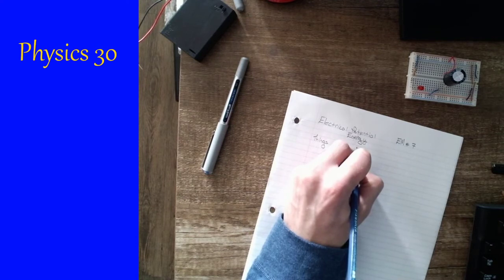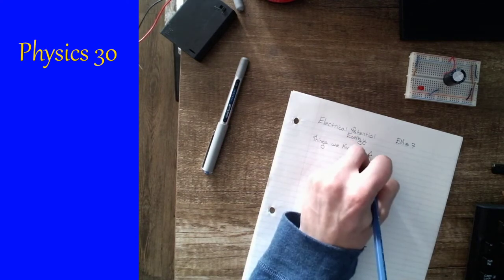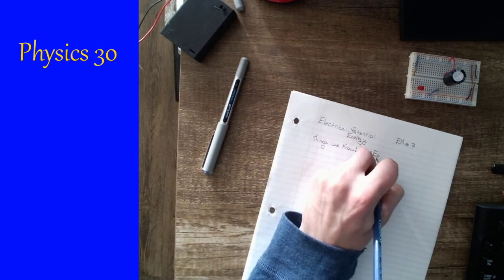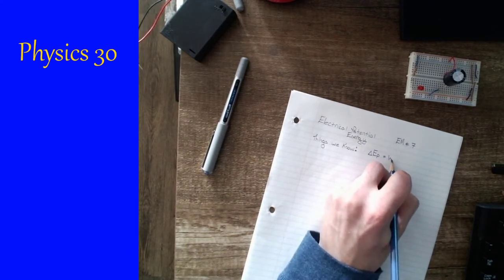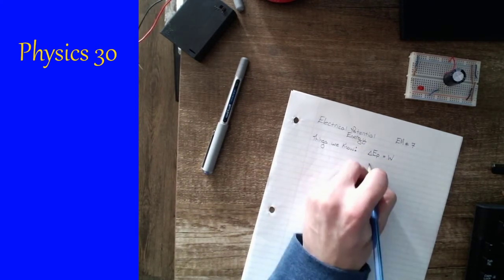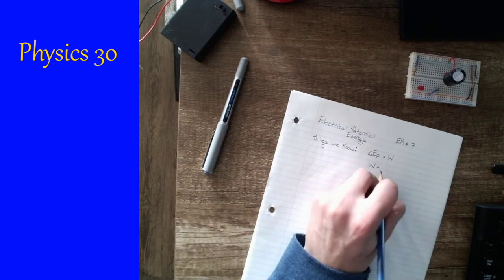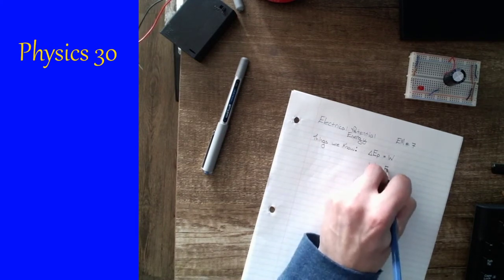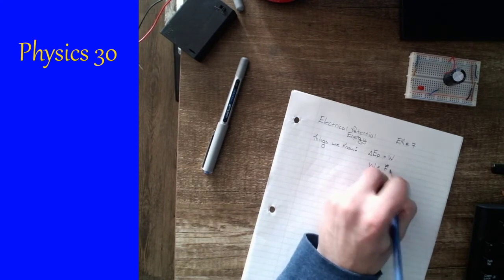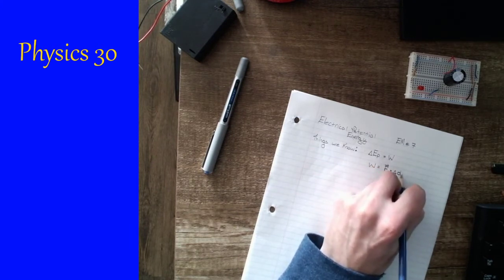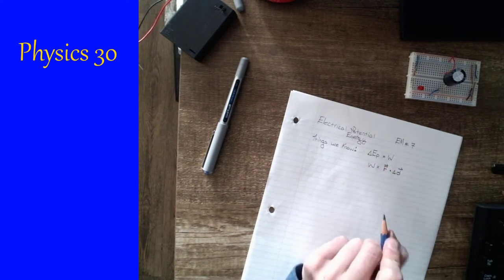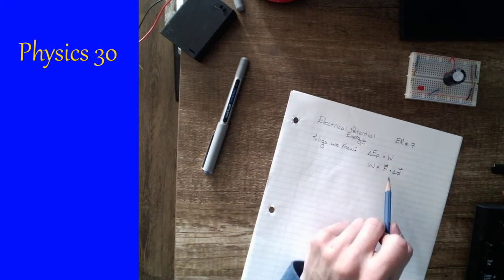Well, we know that the change in any potential energy is equal to the work. We also know that the work is equal to the force multiplied by the change in distance.